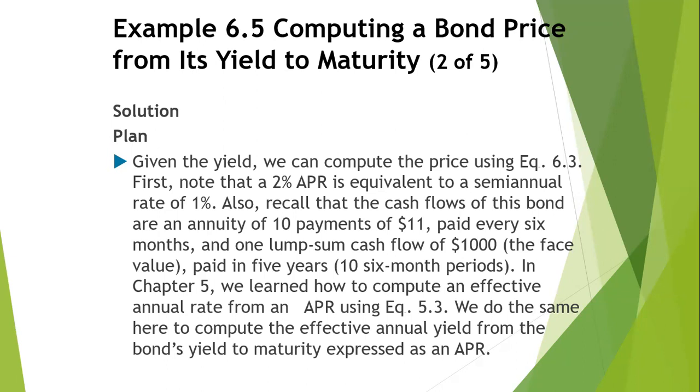In Chapter 5, we learned how to compute an effective annual rate from an APR using equation 5.3. We do the same here to compute the effective annual yield from the bond's yield to maturity expressed as an APR.